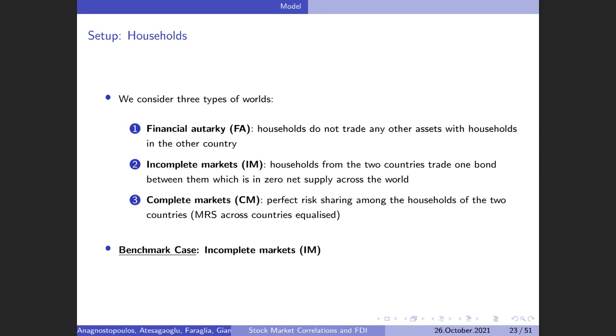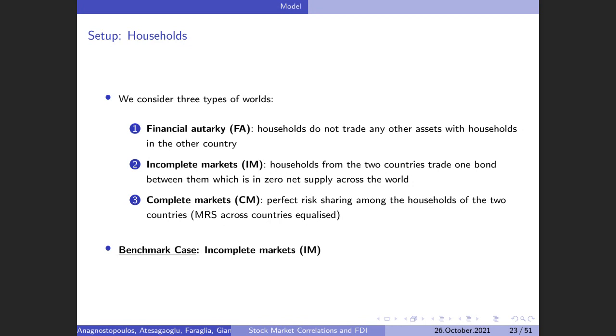These two country citizens, subject to different TFP shocks, trade with themselves by using contingent lending instruments. As a result, their consumption varies one-to-one, perfectly correlated, because they're perfectly risk sharing. Financial autarky is completely the opposite of that.